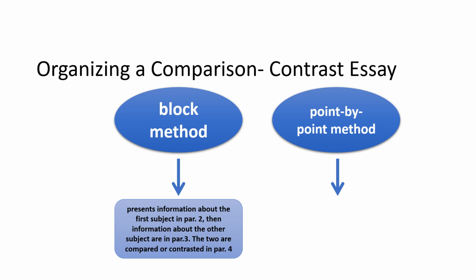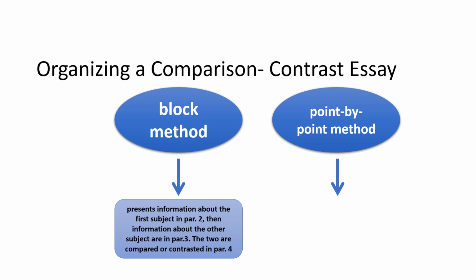So the focus in paragraph 2 is subject number 1. Then you shift your focus to subject 2 in paragraph 3. Again, in paragraph 3, your focus will be on subject 2. And then in paragraph 4, the two are compared or contrasted.